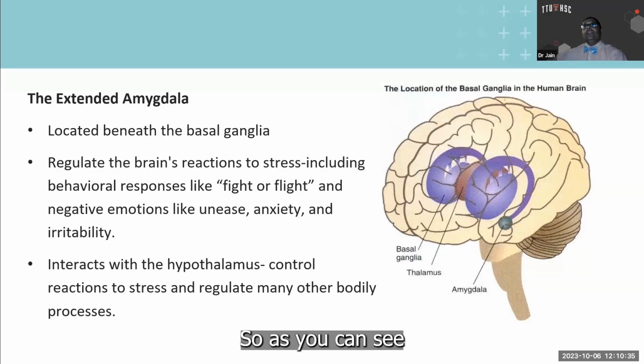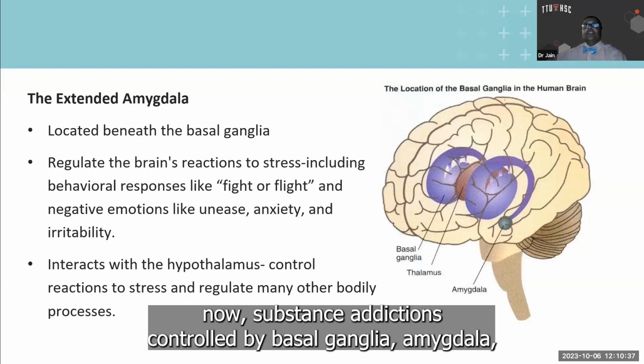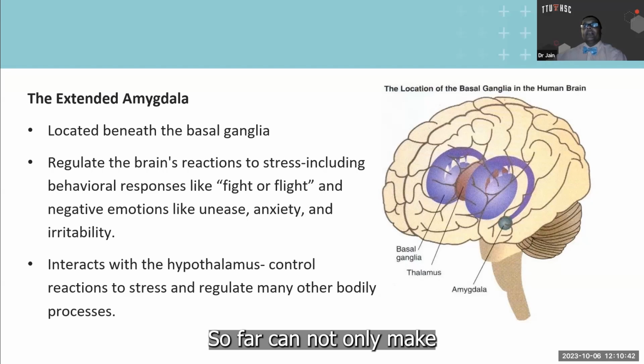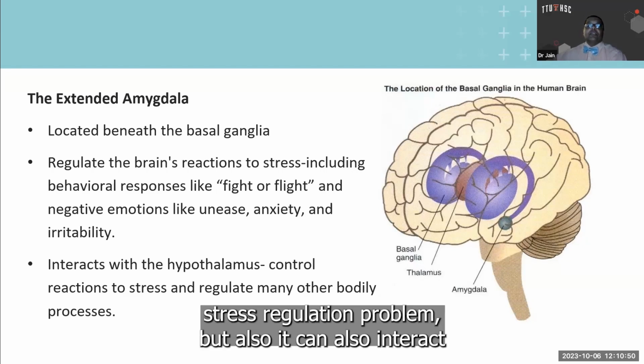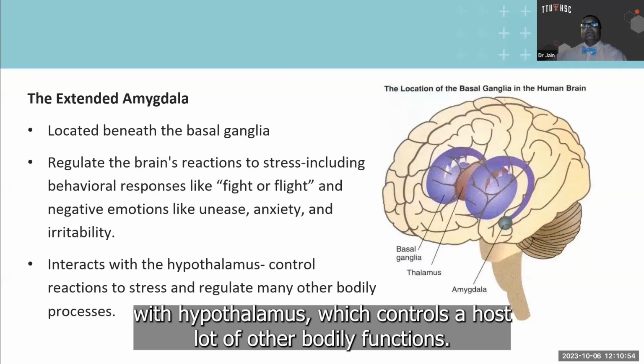So as you can see now, substance addiction controlled by the basal ganglia and amygdala so far can not only make the user feel jittery and have stress regulation problems, but can also interact with the hypothalamus, which controls a whole lot of other bodily functions.